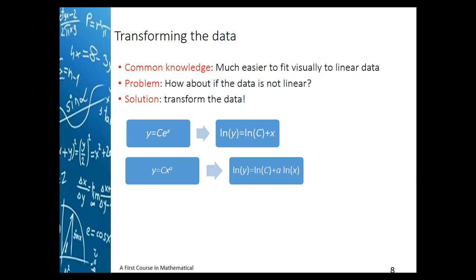Our main intention: it is easier for us if we have linear data. Why? Because by the end of the day, we can make one line, fit them together, and that's fine. We don't have to do much. It's easy for us to find the intercept for y.